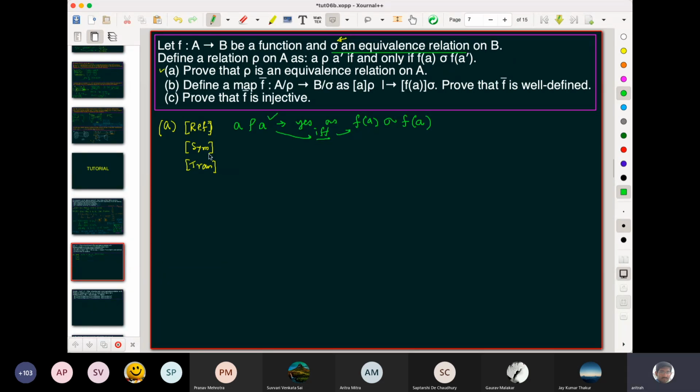So this holds. Symmetric. If A rho A dash, I have given if and only if Fa sigma Fa dash. Now, sigma is an equivalence relation, meaning this implies Fa dash sigma Fa, because equivalence relations are symmetric. Yes or no?